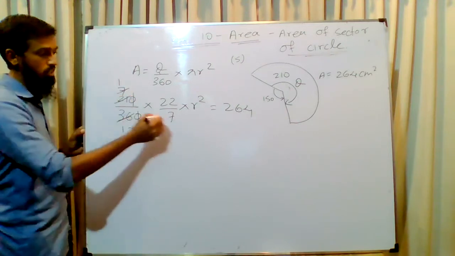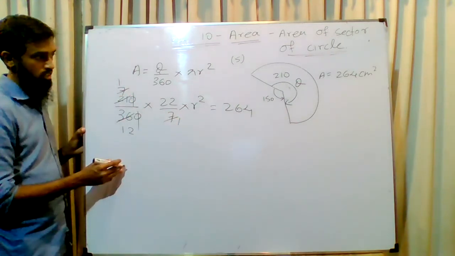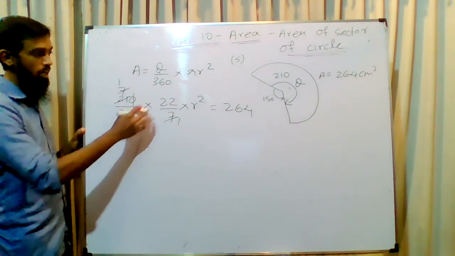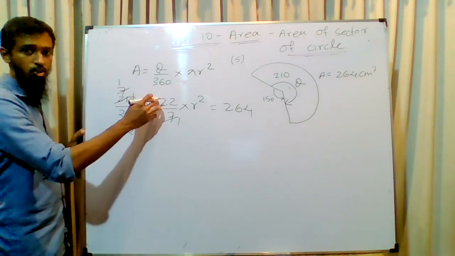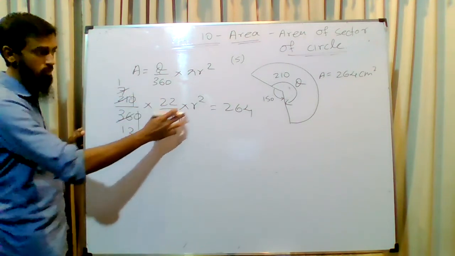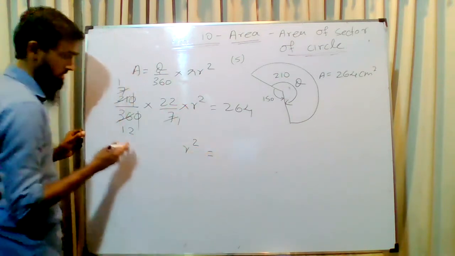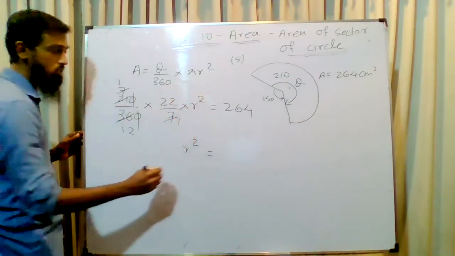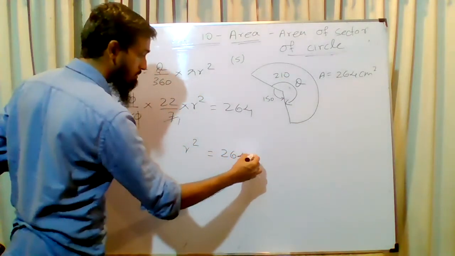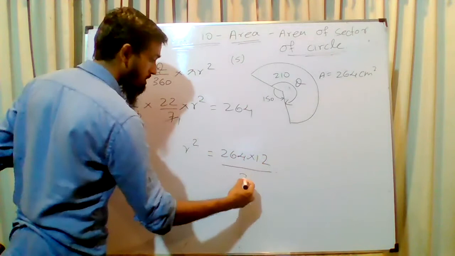Okay, 7 times 1, 7 times 1. Okay, now we have 22 in the numerator, 12 in the denominator. We are going to subject the r squared. So r squared equal, 12 will multiply with 264. 264 into 12 over 22.